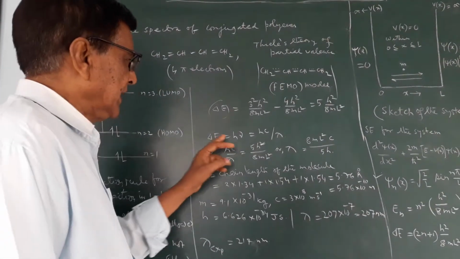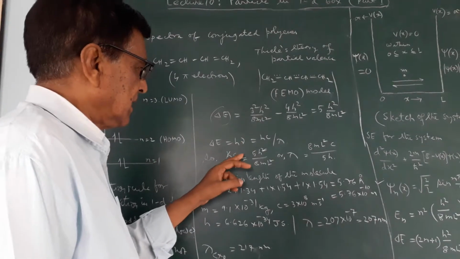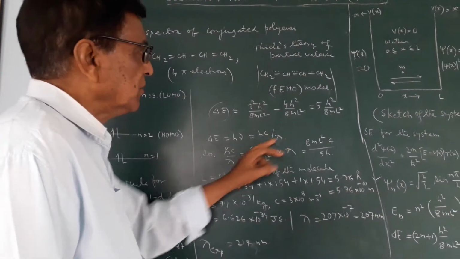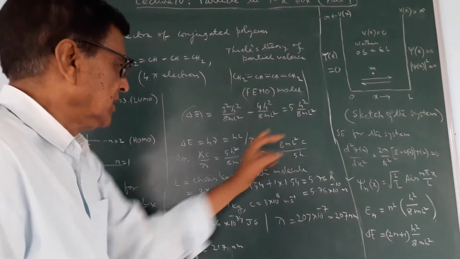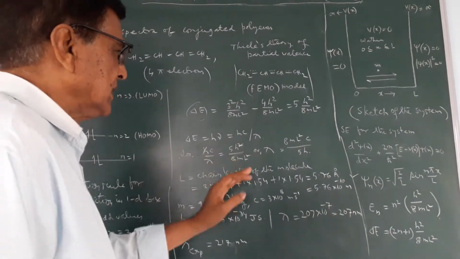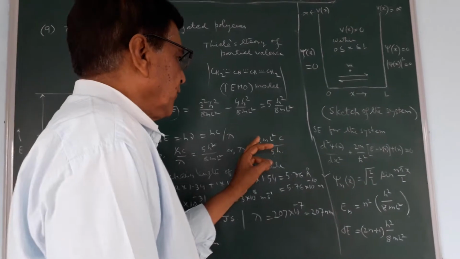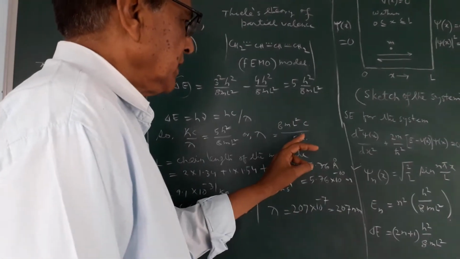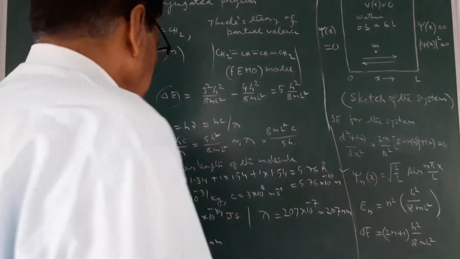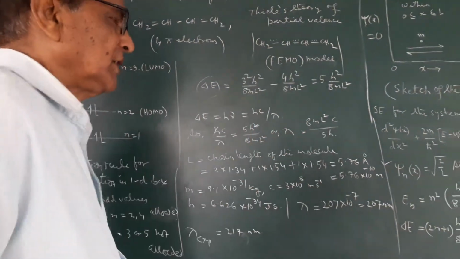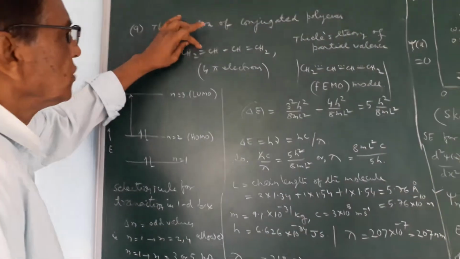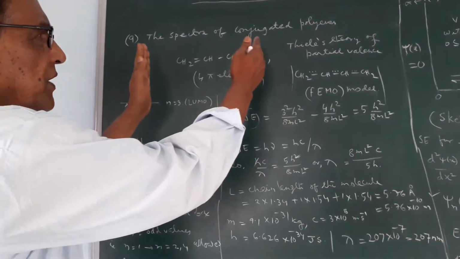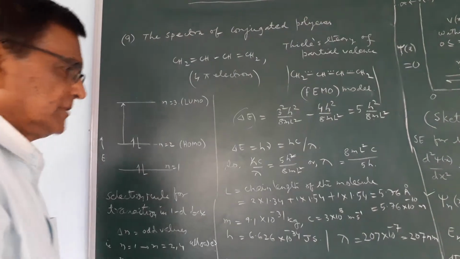Then hc by lambda equals 5 h square by 8 m L square, and one h will cancel. So lambda equals 8 m L square c divided by 5h. L here is the chain length of this molecule. Here two double bonds are there, and one carbon single bond, and there requires one end connection.